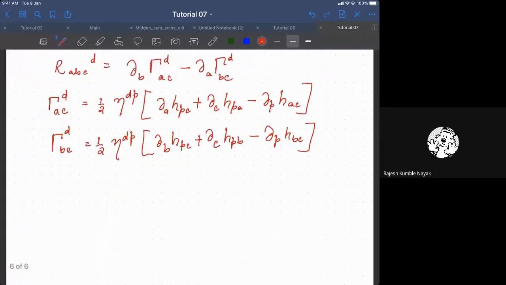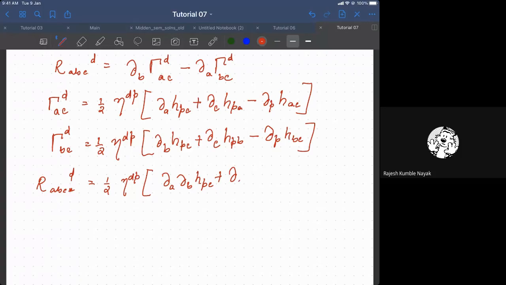So then the rest is algebra. You differentiate this and subtract. So what we get is R^A_BCD, the upper one, equal to half eta^DP. Then differentiation d_A d_B h_PC plus d_A d_C h_PB minus d_A d_P h_BC.